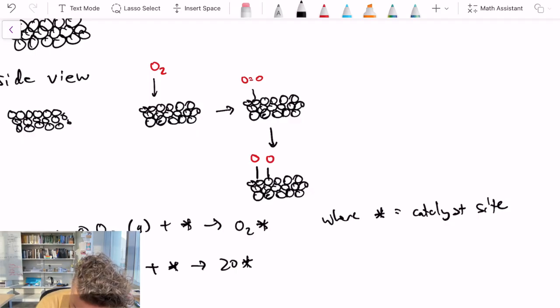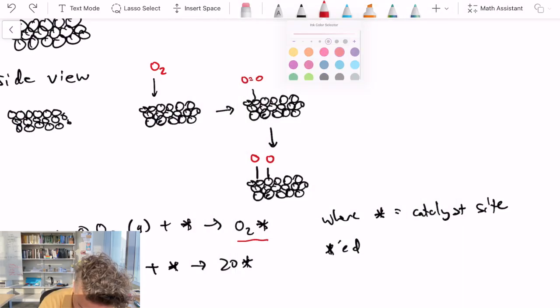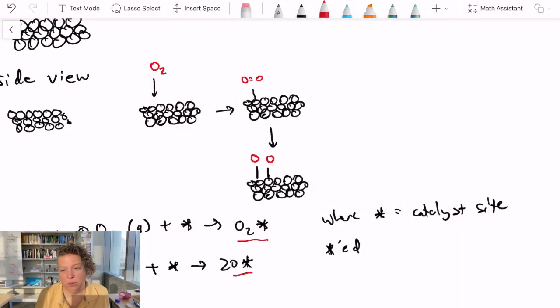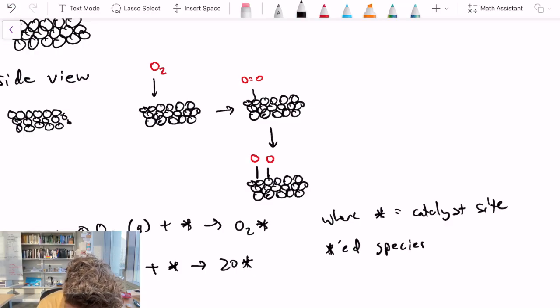And when I have a starred species, such as O2 star and O star, those species are bound to a catalyst site.